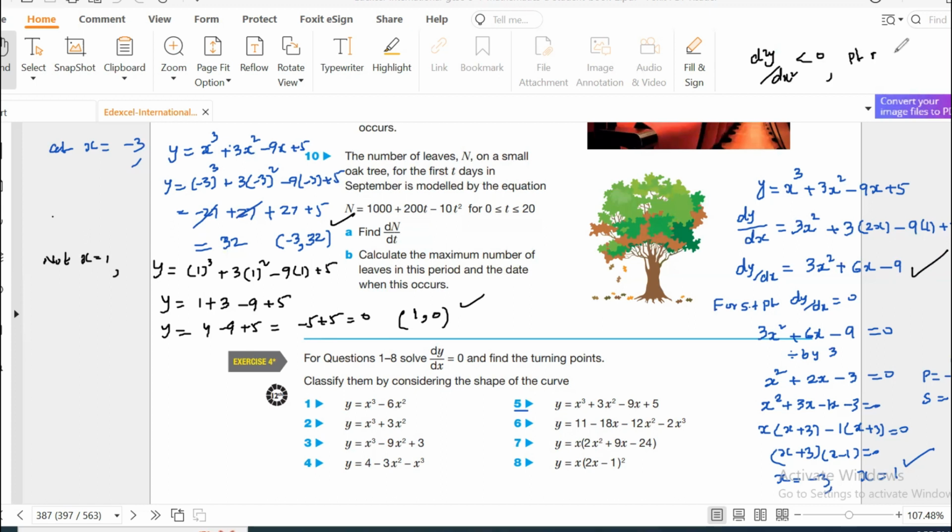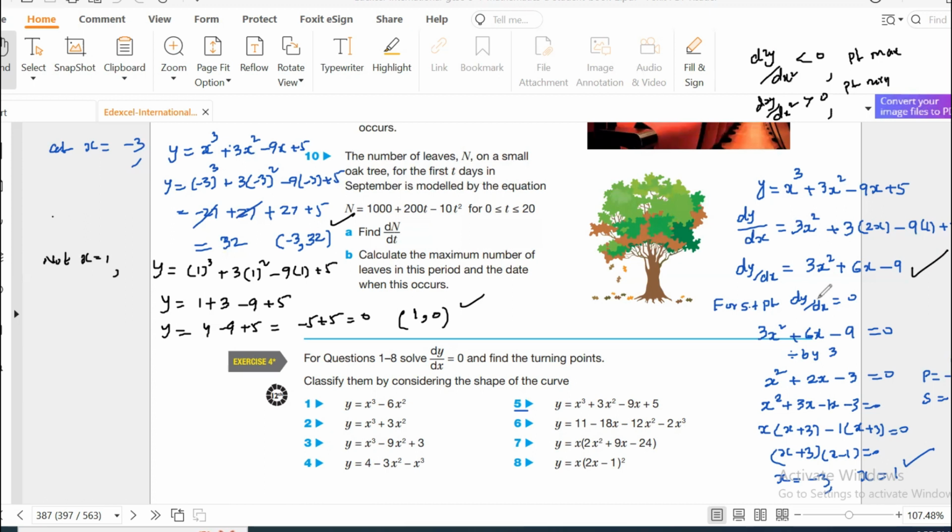The second derivative is evaluated at the given points, here minus 3 and 1. If the second derivative is greater than 0 at that point, whether 1 or minus 3, then the point is a minimum. Okay, always opposite.